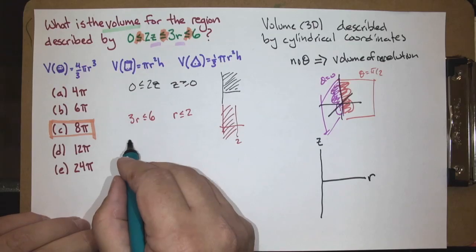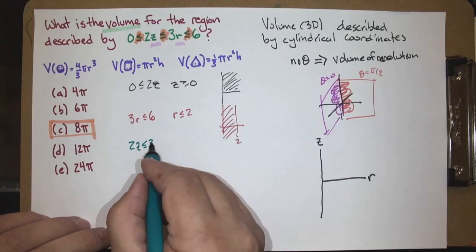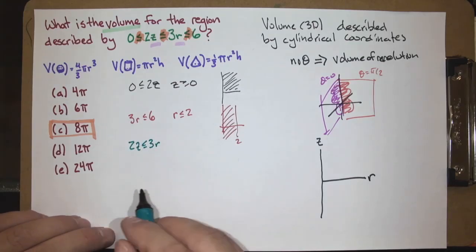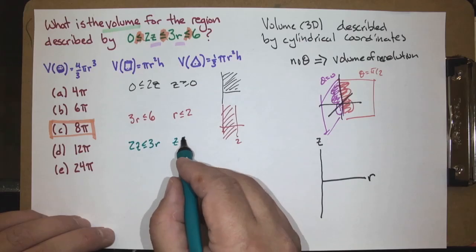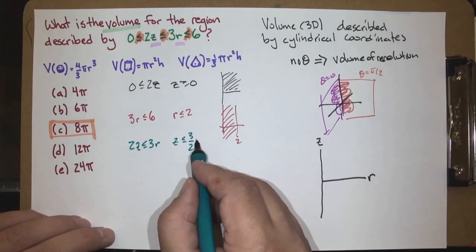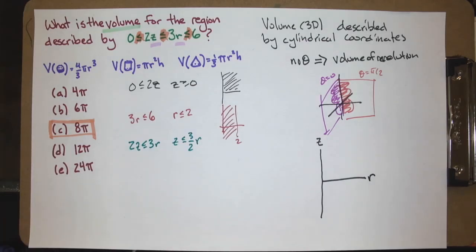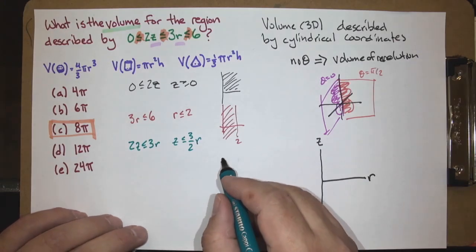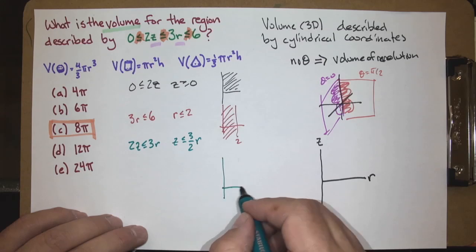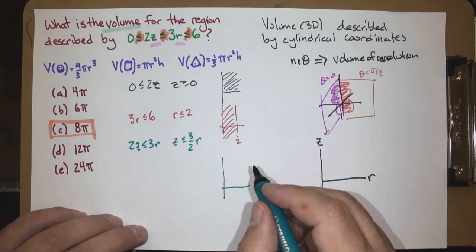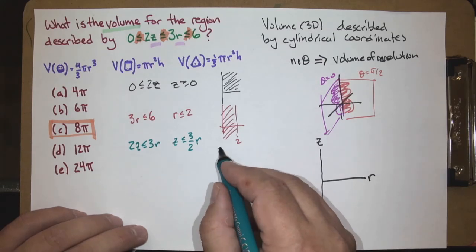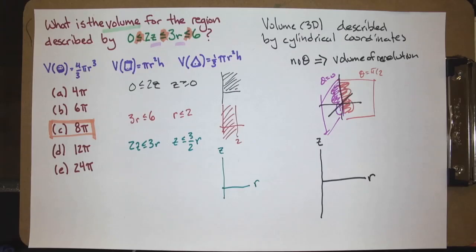That says 2z ≤ 3r. A couple ways to write it, so I'll just say z ≤ (3/2)r. Now, if you had equality, z = (3/2)r, what does that look like? What if I said y = (3/2)x?